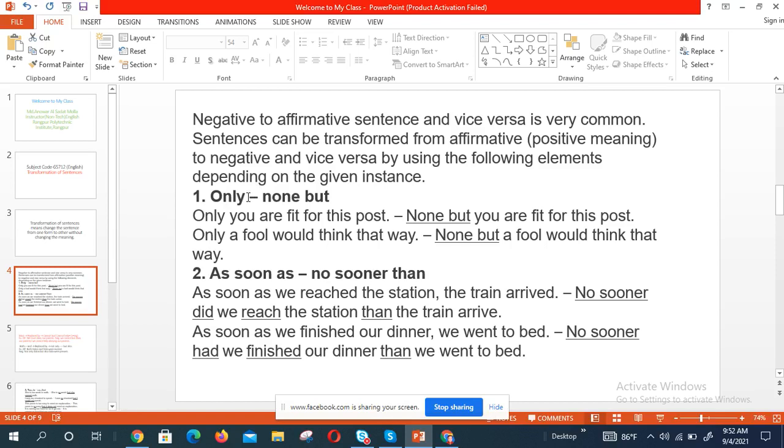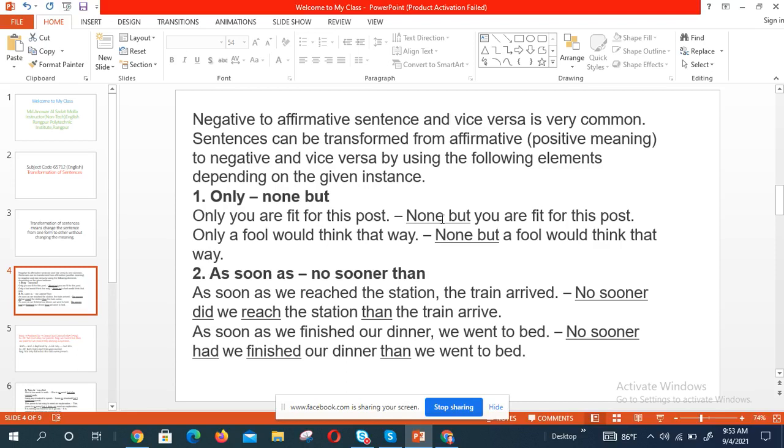Look at the example. Only you are fit for the post. Here only you means a person, so you can change it: none but you are fit for the post. Instead of only, we use none but.